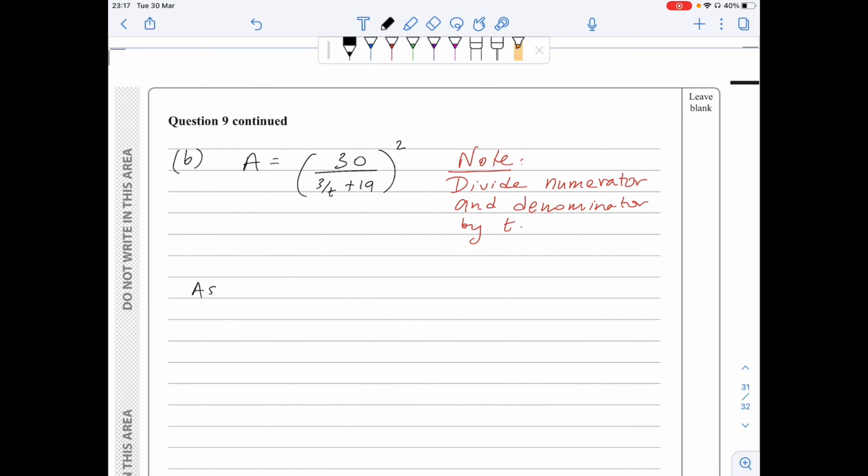So as t goes to infinity, 3 over t goes to 0, hence A goes to (30 over 19) squared, which is equal to 900 over 361.